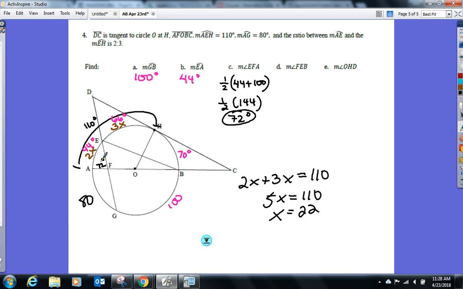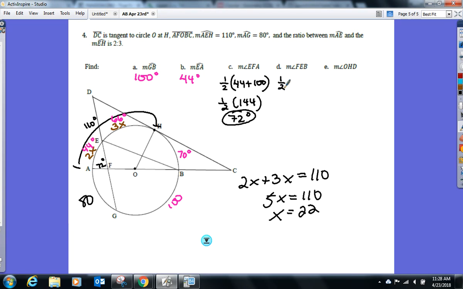FEB now. Everyone locate FEB for me. Everyone see angle FEB. Ready for your 3 questions. Central angle? No. Inscribed? Why? On the circle. Yeah. So anybody remember the rule to find an inscribed angle?